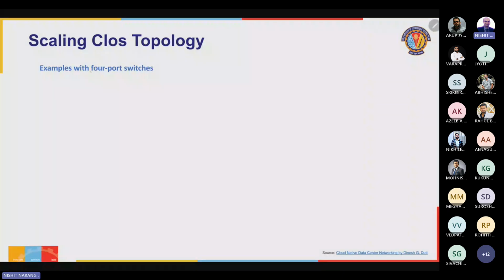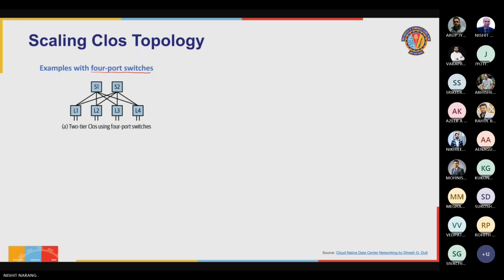We said it's limited by the number of ports. So I've taken a particular type of switch and said, let's assume we have 4 port switches only. That's the upper limit on how many ports I have on every leaf or spine switch. So using the leaf spine architecture that we've discussed so far, this is one topology that I can create.